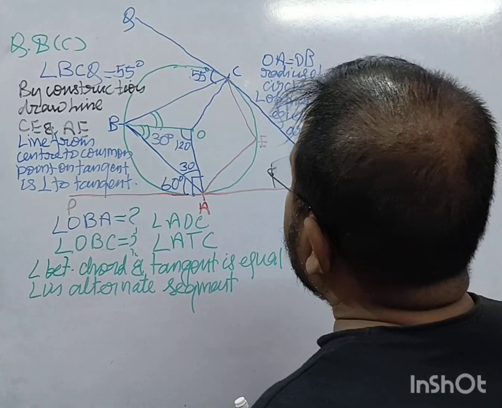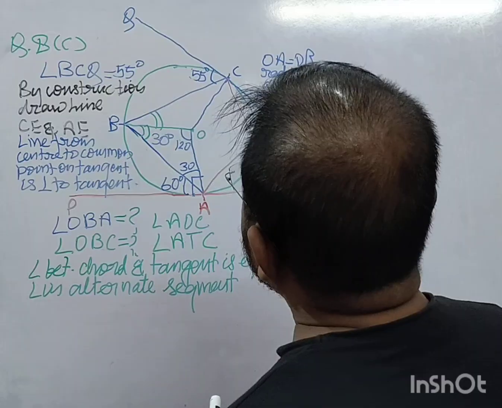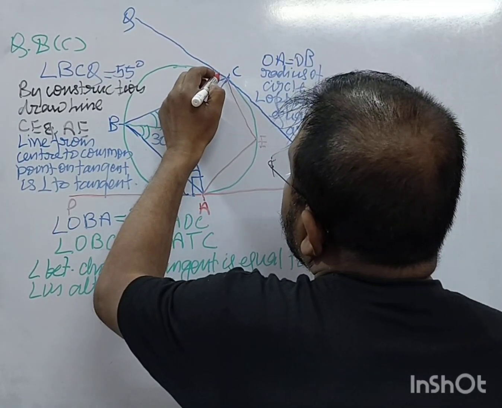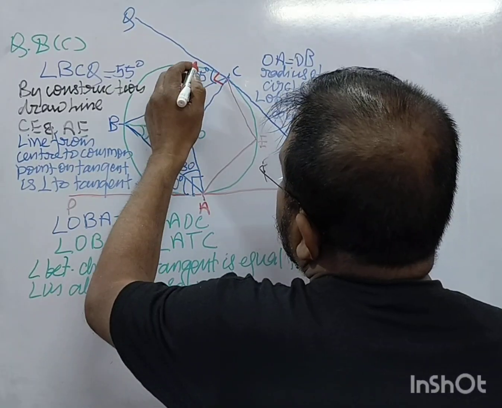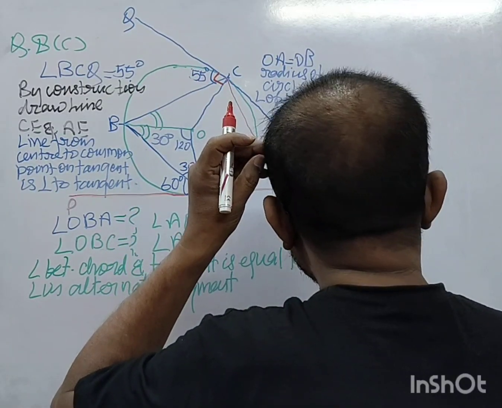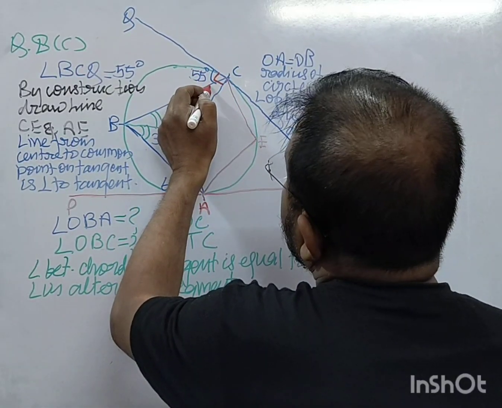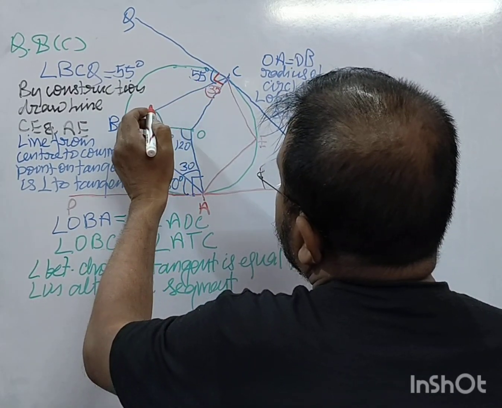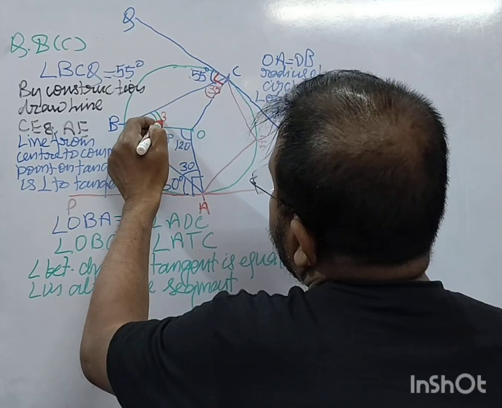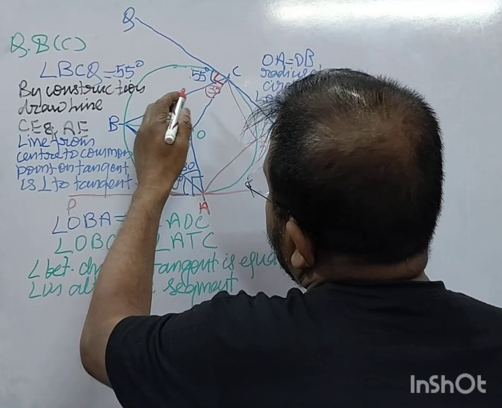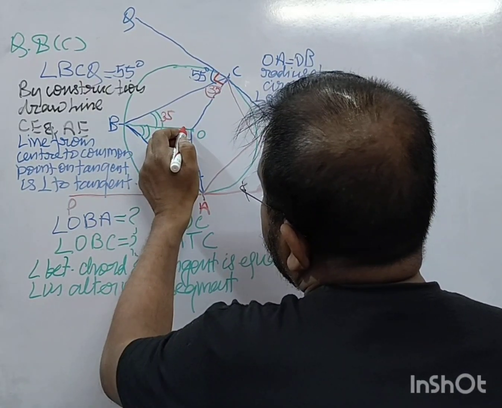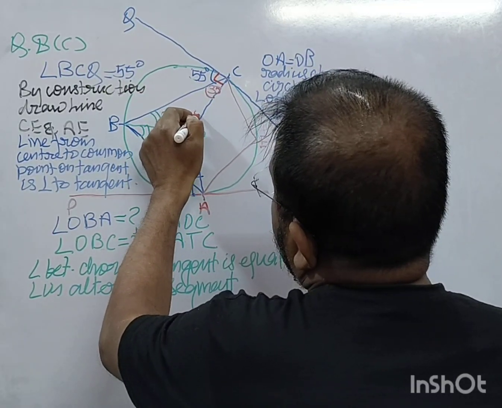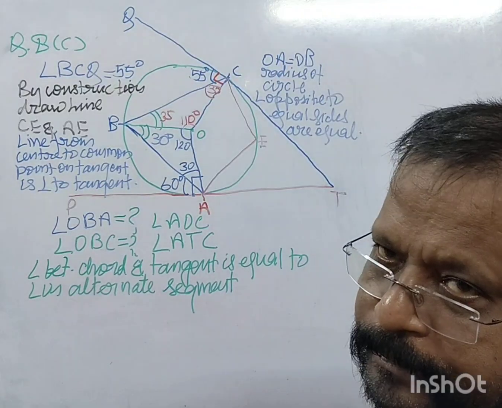So this is 120 degree, right? And similarly, this angle will be of 90 degree. 90 means it's 35 degree. This is of 35. So this will also be 35. 35, 35, 70. This is 110.